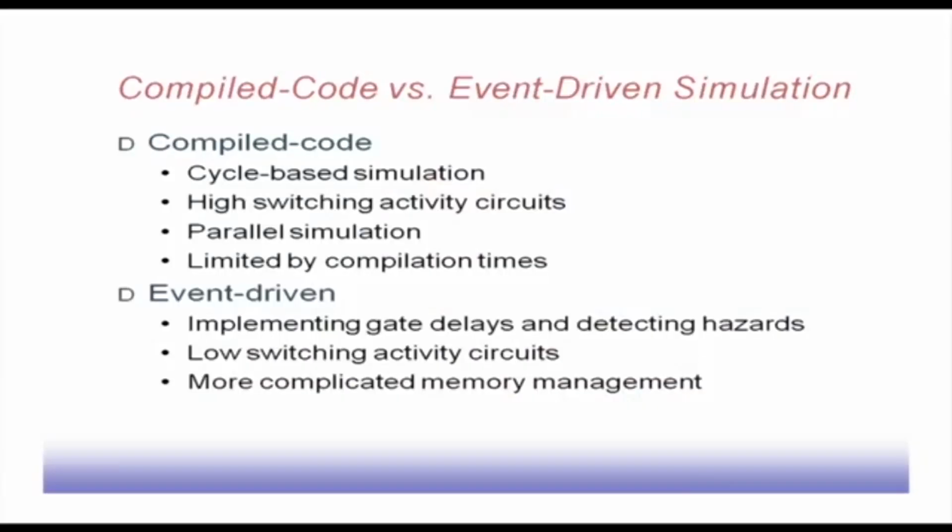So, there is no point maintaining this data structure additionally. That will increase the complexity of simulation. So, if we have a high switching activity circuit, it is better that we do not go for this event driven simulation, rather we do a code based simulation.